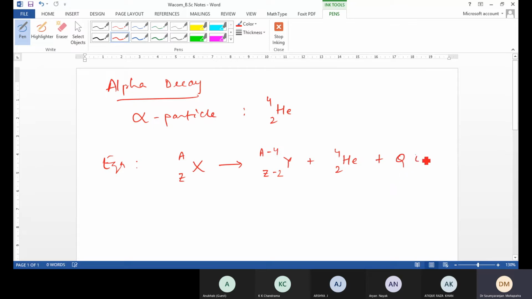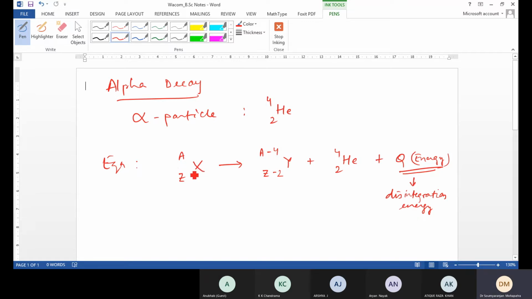This is energy, also known as disintegration energy. Q is the total energy released during the decay process. So how do we evaluate this Q?